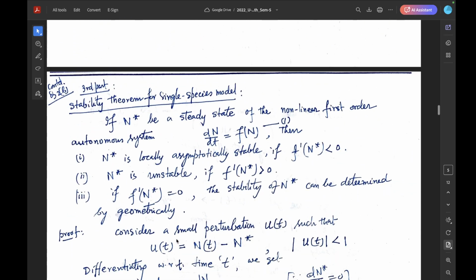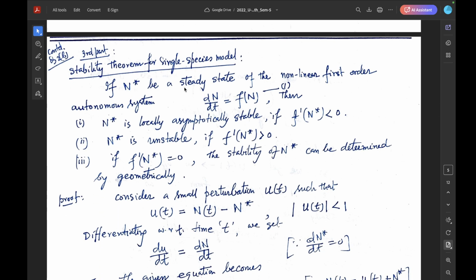Next part, third part, stability theorem for single species model. If n star is a steady state of the nonlinear first order autonomous system, derivative of n equal to f(n), we call this equation 1. Then 1, n star is locally asymptotically stable if f dash (n star) is less than 0.